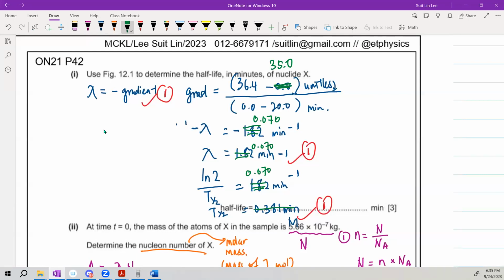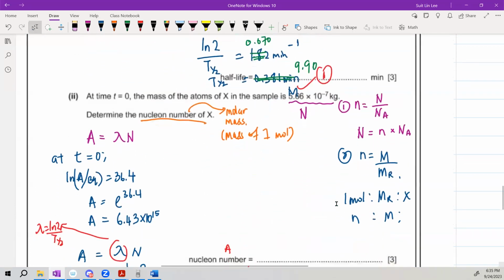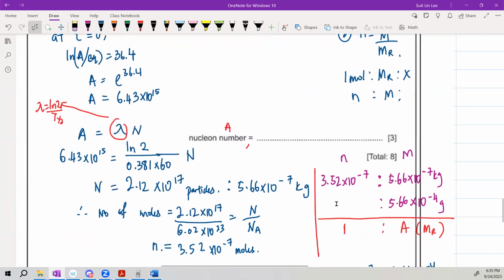So my half-life is actually 10 minutes or 9.9 now. 9.90, 10 minutes-ish. Okay, so everything is fine until here. This is 9.9. 10 to the power 15.